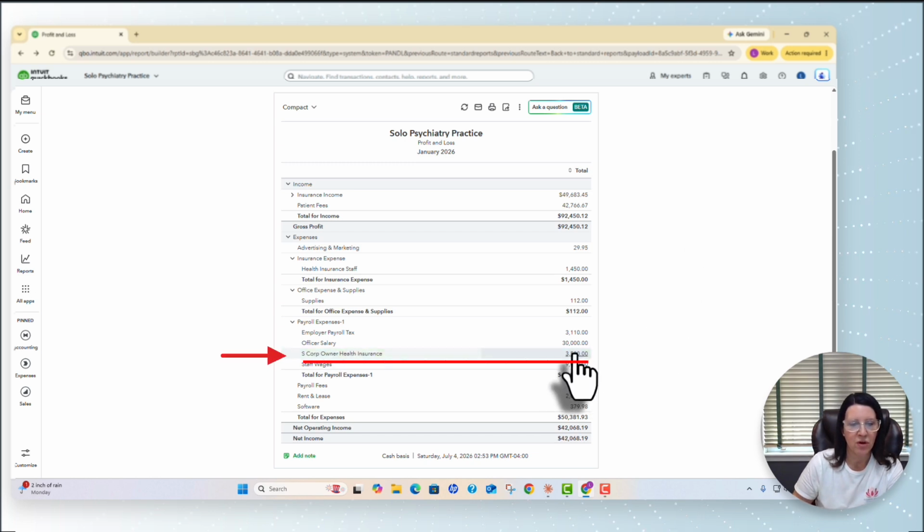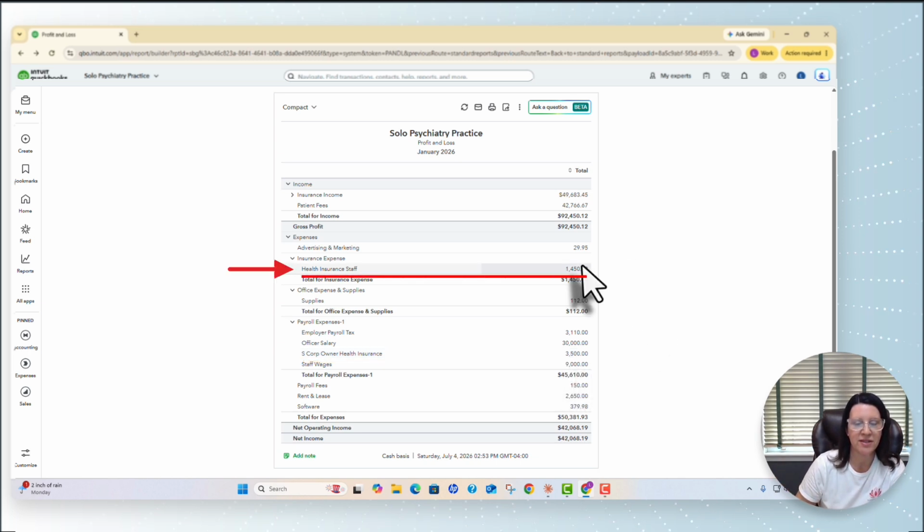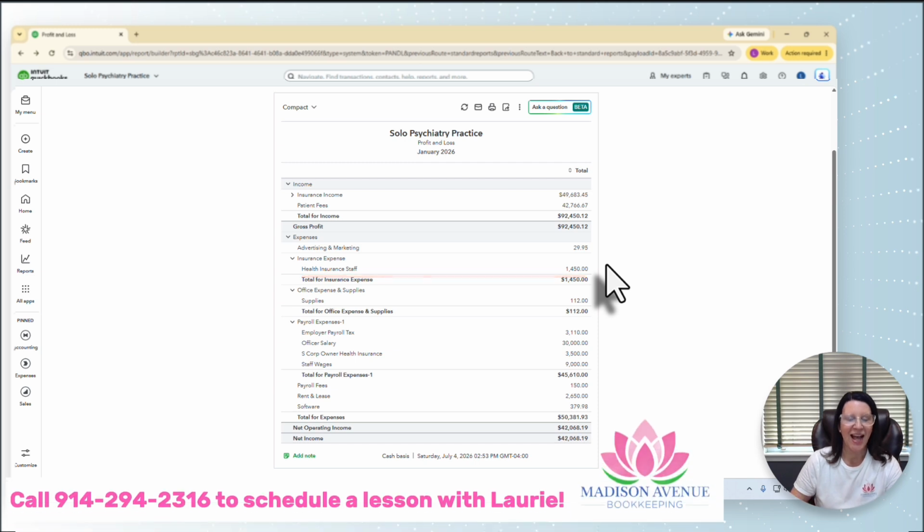So remember, your health insurance needs to be included up in the part of wages, and the other health insurance for the rest of your company would be here under the insurance expense. I hope this makes sense.